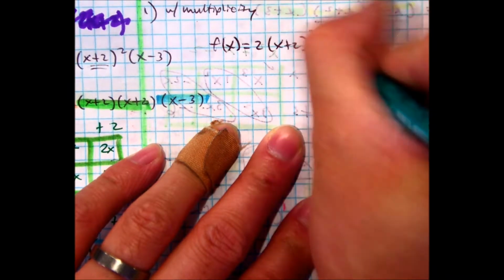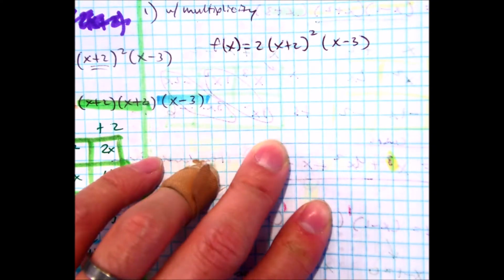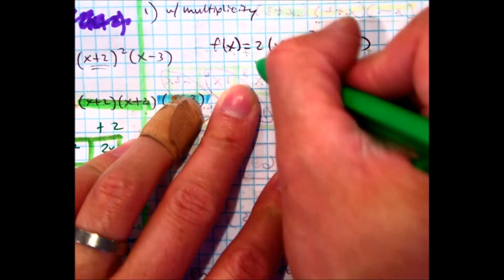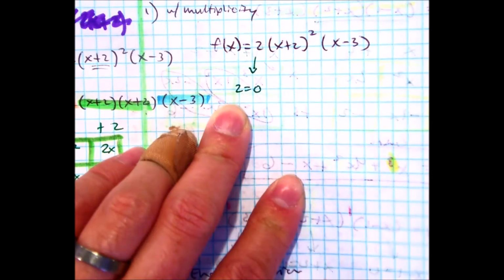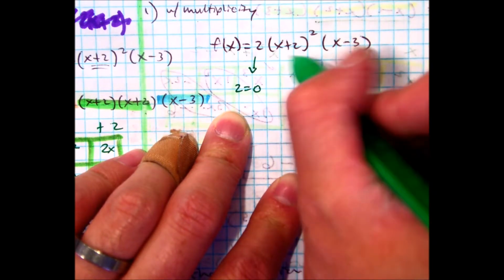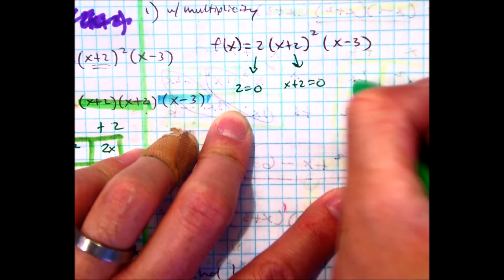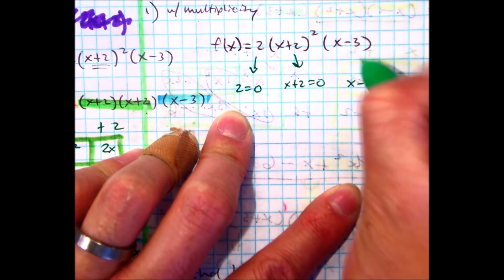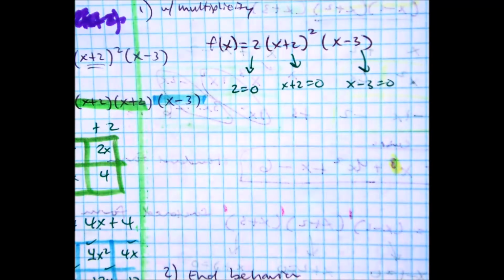We'll keep it squared, then x minus 3. So I'm going to set each of these equal to 0. Now, although this is a power of 2, I'm just setting the parentheses equal to 0. And this one equal to 0. Raise your hand if you have that on your paper. Awesome. Let's solve it.